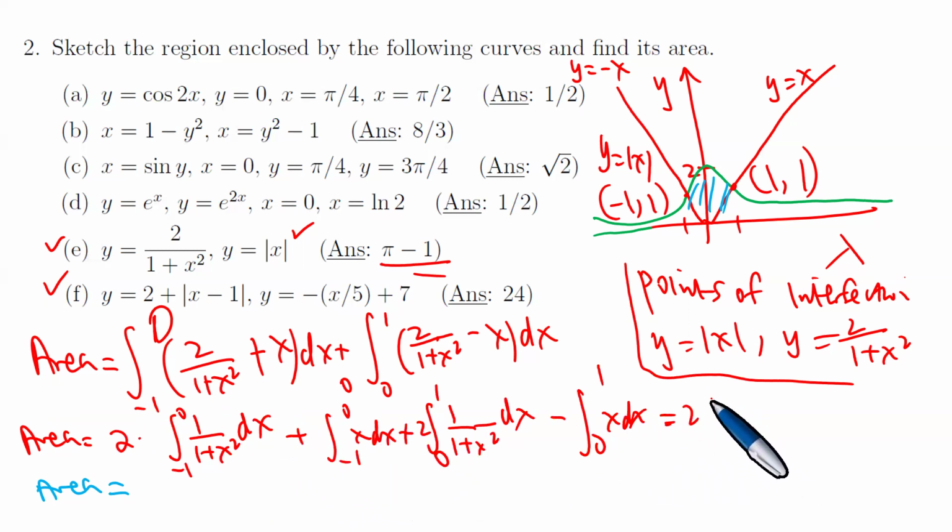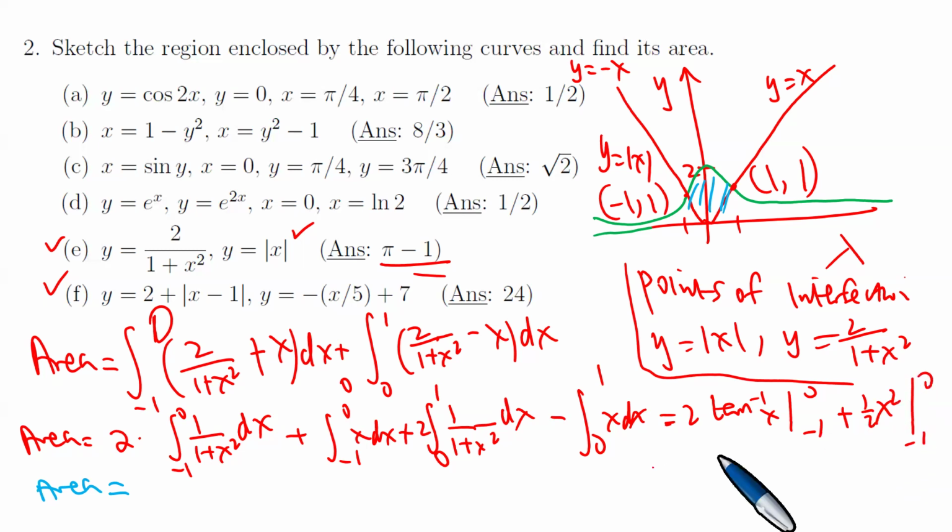This one becomes arctan x from -1 to 0 plus 1/2 x squared from -1 to 0. And then you come to the same thing.